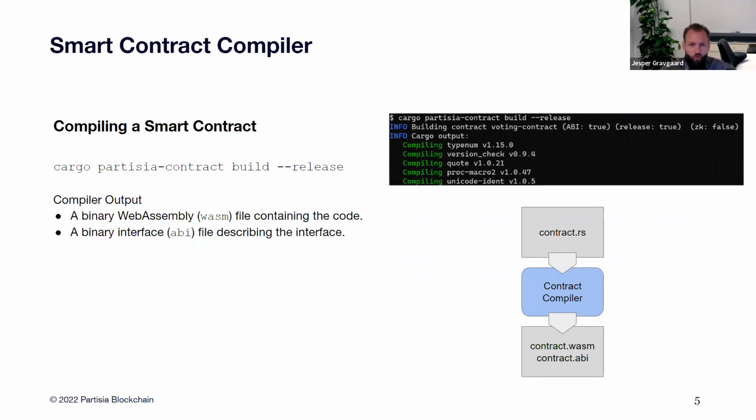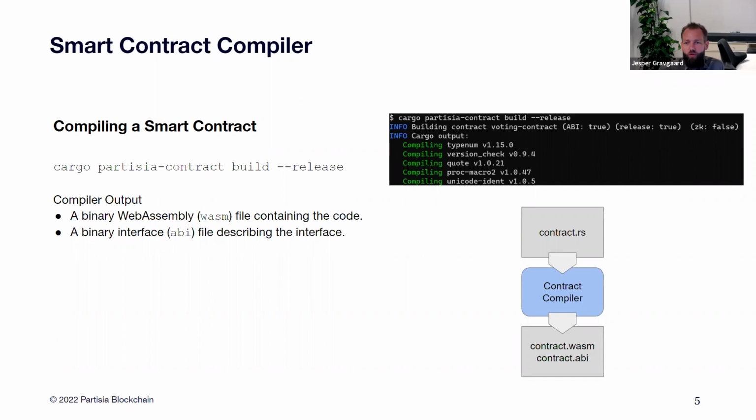When you have a contract that has been coded by you or someone else, you can compile it by just issuing this one command line: Cargo Partisia contract build --release. What this will do is take the Rust program that is the contract and compile it to WebAssembly, and it will also compile a binary API file that describes the interface of the contract.